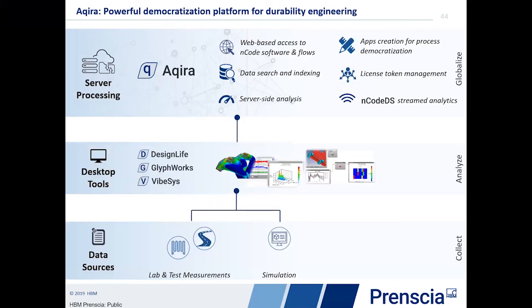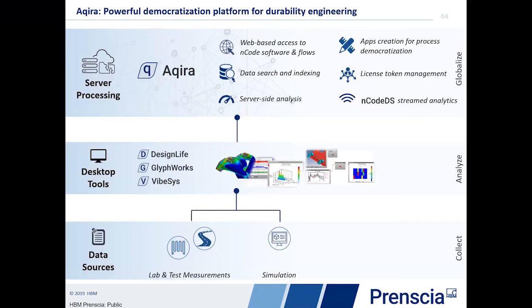We also have the ability to create apps that enable you to democratize that, take it out of the hands of just the experts, put it into the hands of more engineers who can then make use of these analysis capabilities. And in doing that, providing data search capabilities to be able to find data to use within those apps, server-side analysis for crunching that, scaling that up.